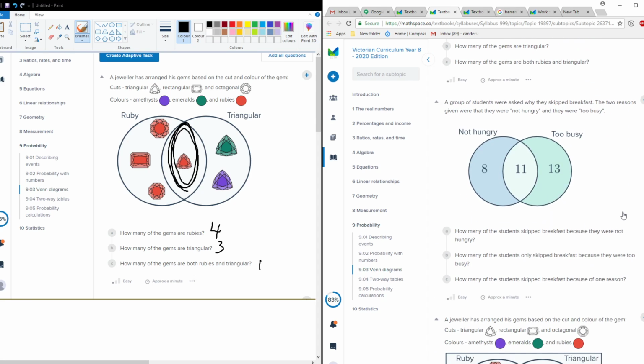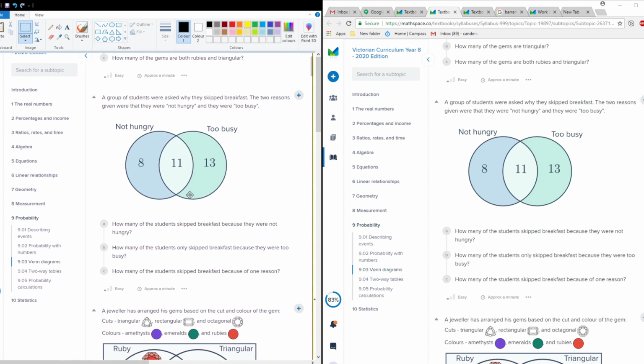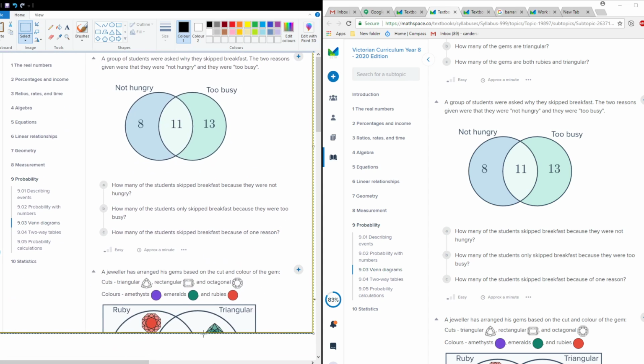Let's have a look at a question with numbers. So we have 8, 11, and 13. So this circle here represents the students that are not hungry, and they skip breakfast. And this one here represents students that were too busy, so they skip breakfast.